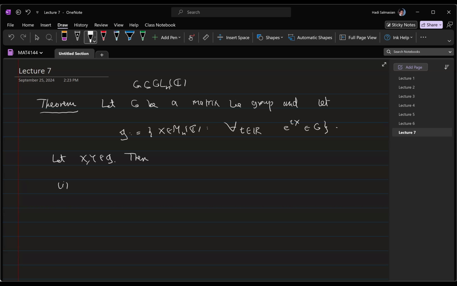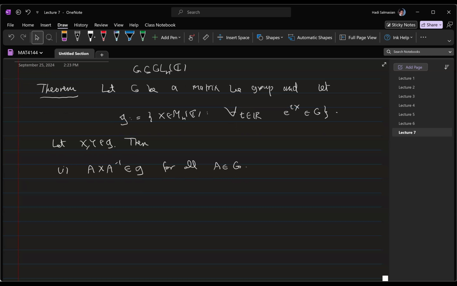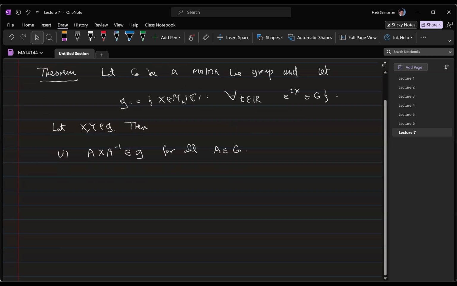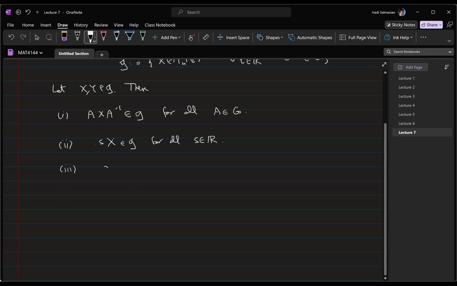The first is that conjugation by elements of capital G will produce elements of little g still. So this is true for all A in capital G. Conjugation by capital G leaves the fraktur g stable. The second is that g is stable under dilation, which means sX is in g for all scalars s in R. The third is that g is closed under addition.